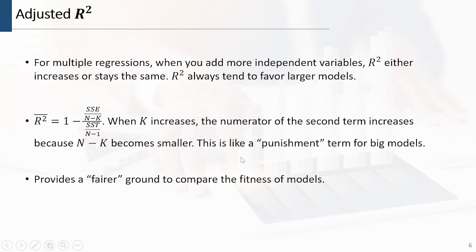Okay, and finally, we want to introduce another concept related to R-square, which is called adjusted R-square. So basically, for multiple regressions, when you add more independent variables, as long as the new additional variable helps to explain the y variable a little bit, R-square always tends to increase by at least a little.